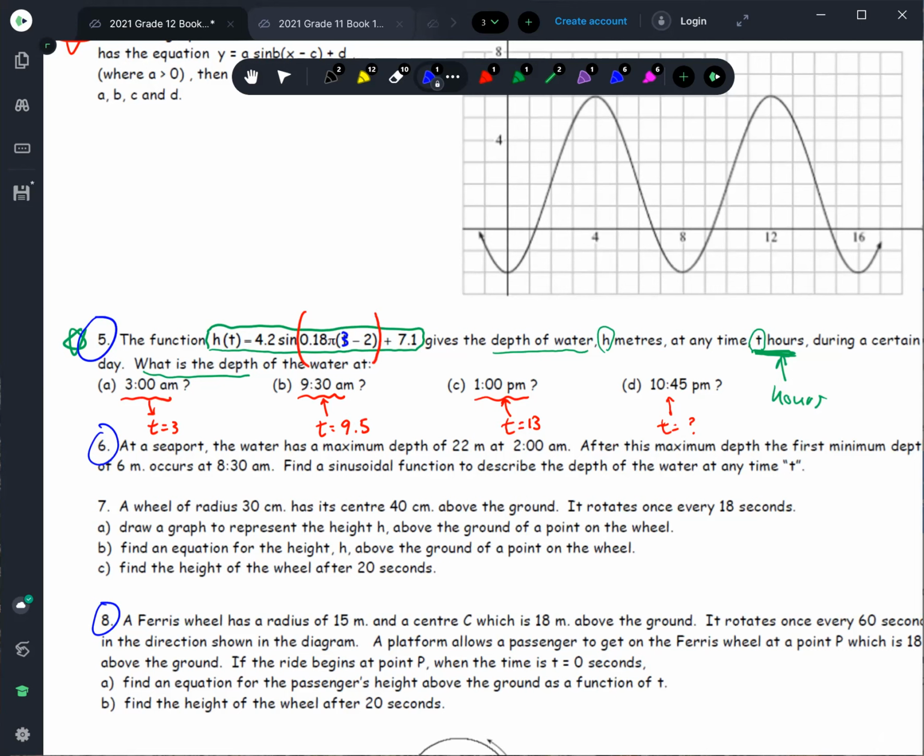And then that number, you put it inside the sine. After you get that, you times it by 4.2, and then you plus 7.1. You have to follow the order of operations.